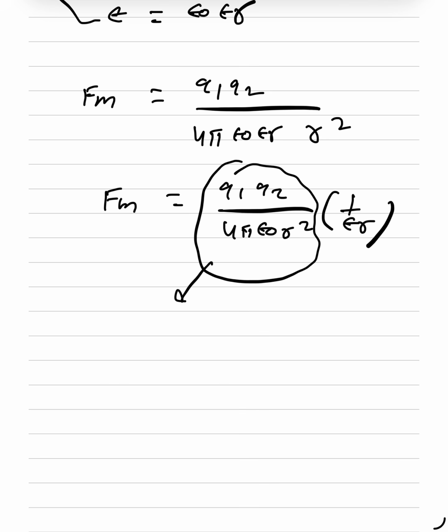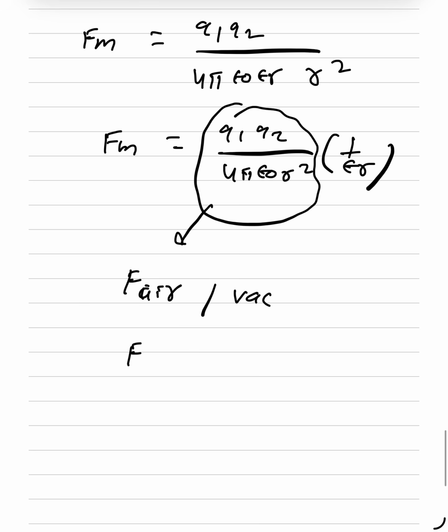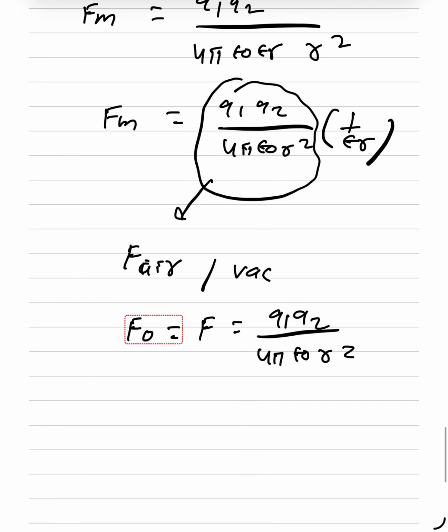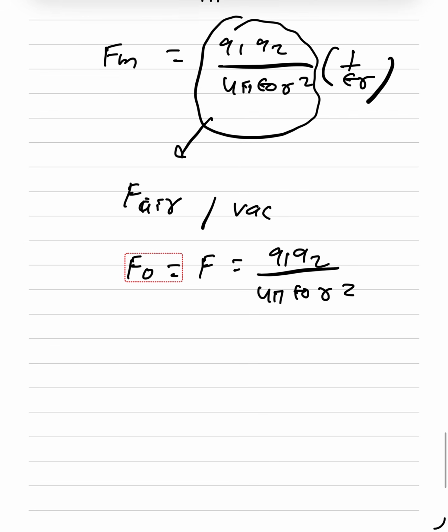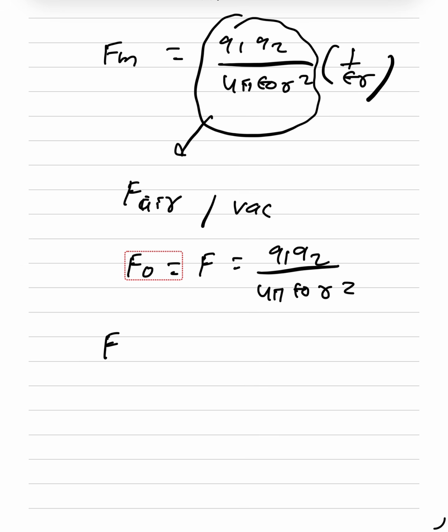This value is the Coulomb force in air or vacuum, F0, which equals Q1 times Q2 divided by 4 pi epsilon naught r squared, from the previous explanation. Putting it here, the new formula gives the relation between the Coulomb force in a medium and in vacuum: Fm equals F0 divided by epsilon r.